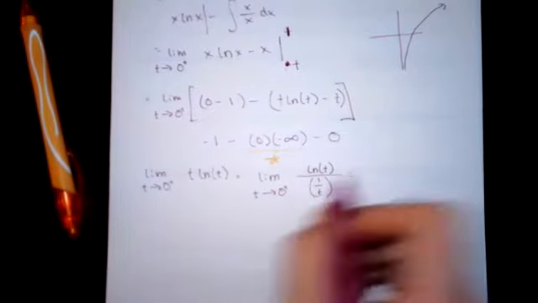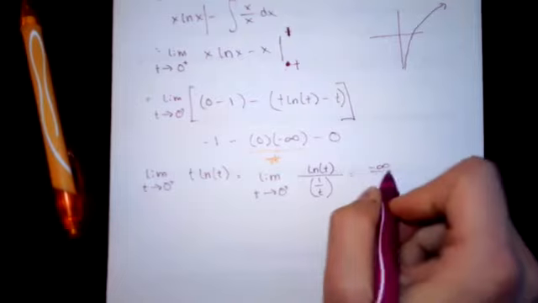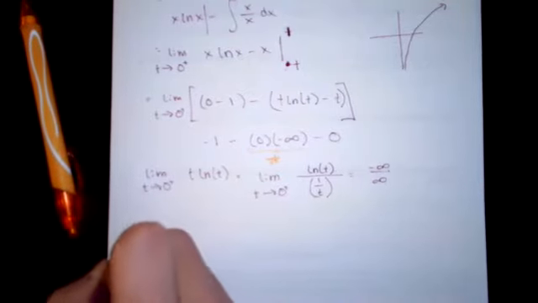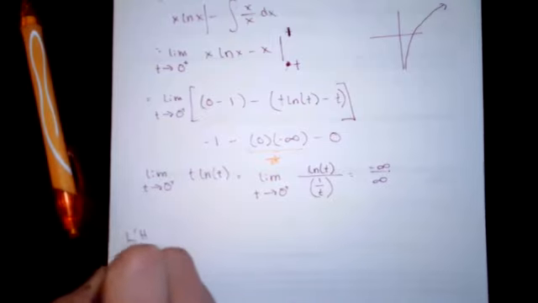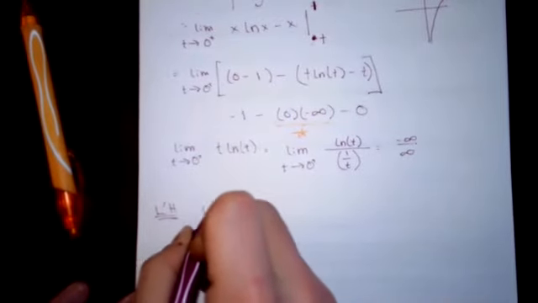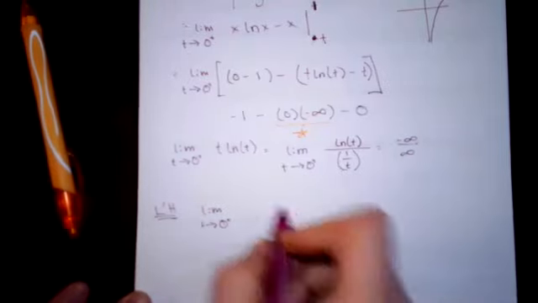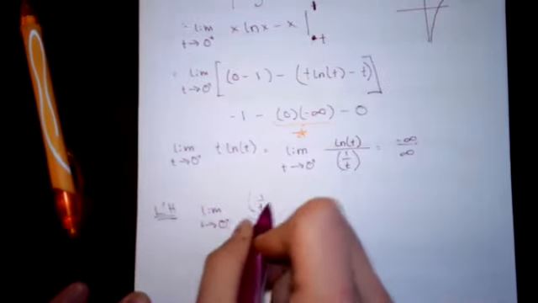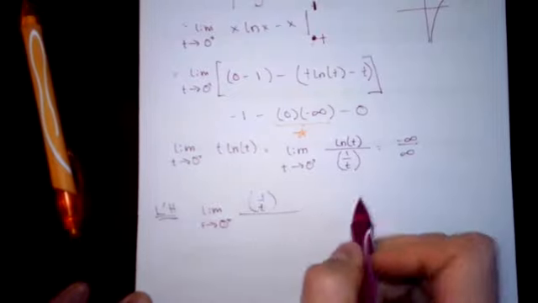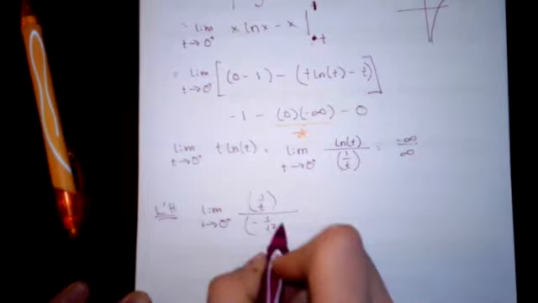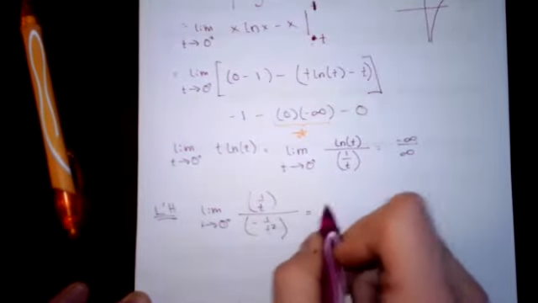And now, of course, when I plug in 0, we will get infinity over infinity. Doing L'Hopital's rule, we get the limit as t goes to 0 of 1 over t divided by the derivative of 1 over t, which is minus 1 over t squared. We do some algebra.